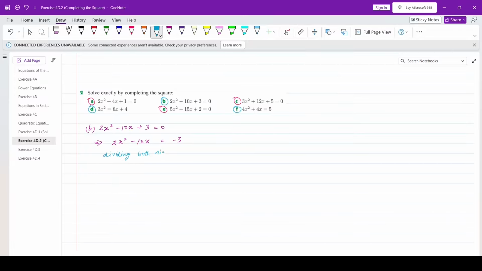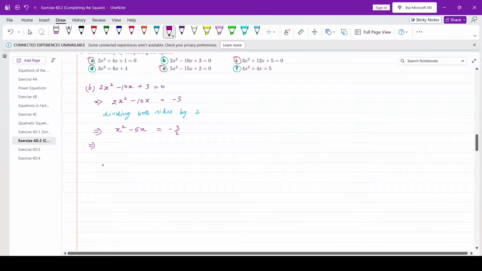Dividing both sides by 2, so that we have only x square left here, not 2x square. So if we divide by 2, we get x square minus 5x is equal to negative 3 by 2.